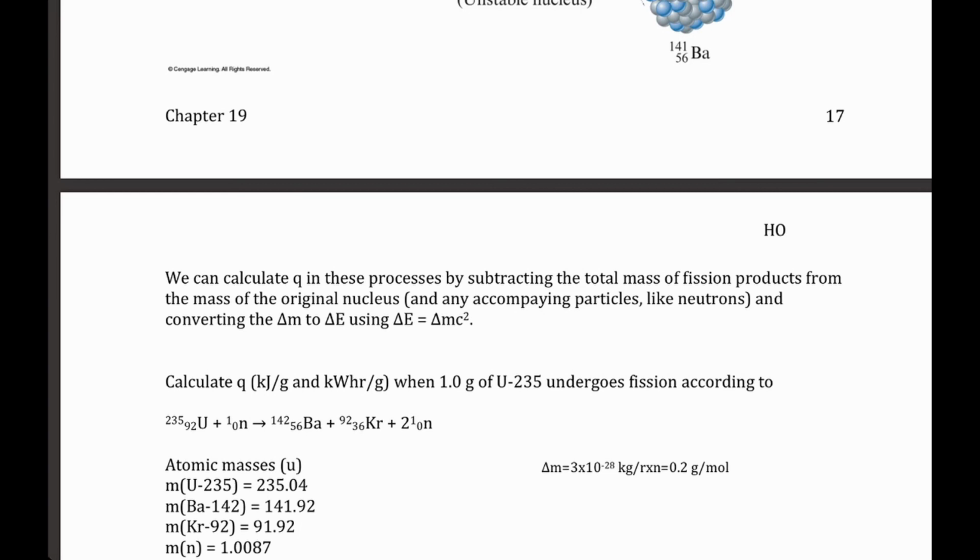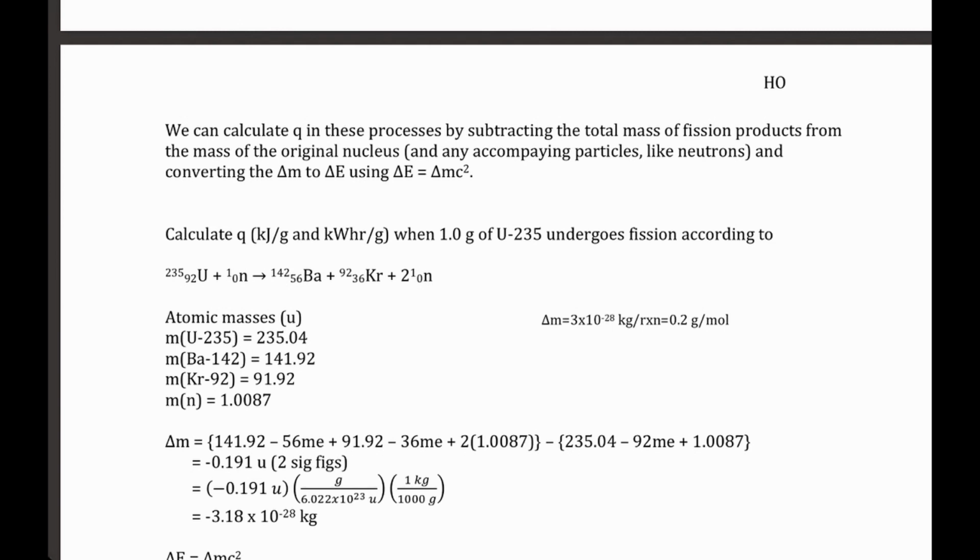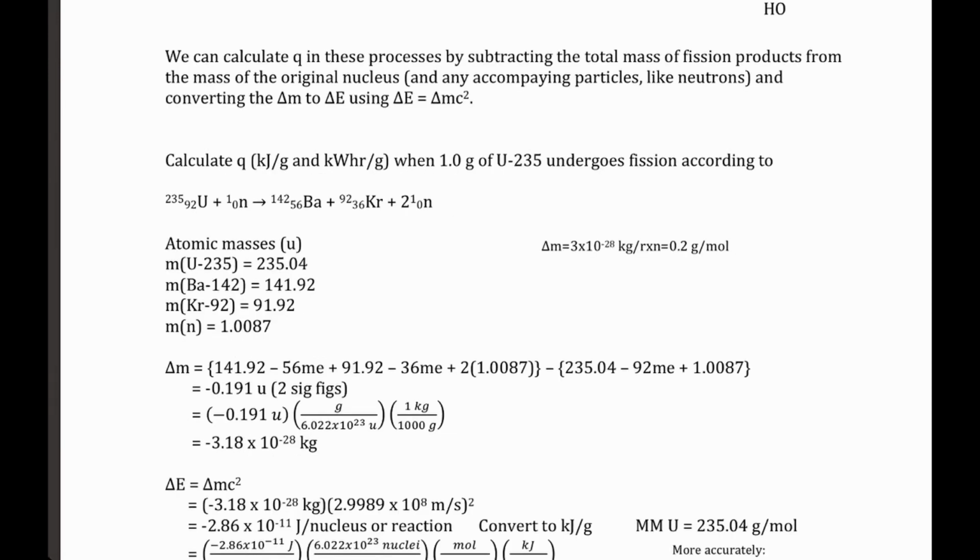We can calculate the energy given off by these processes by subtracting the total mass of the products from the mass of the original nucleus and converting it into energy using the Einstein equation, delta E equals delta m c squared.